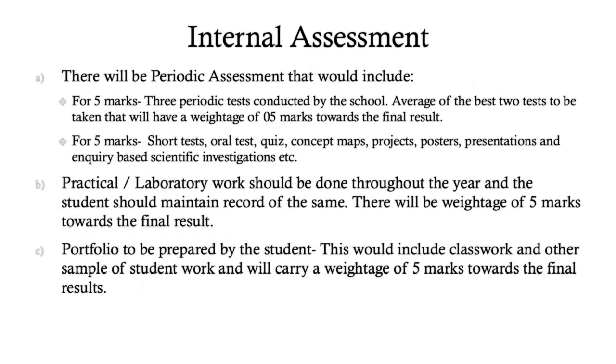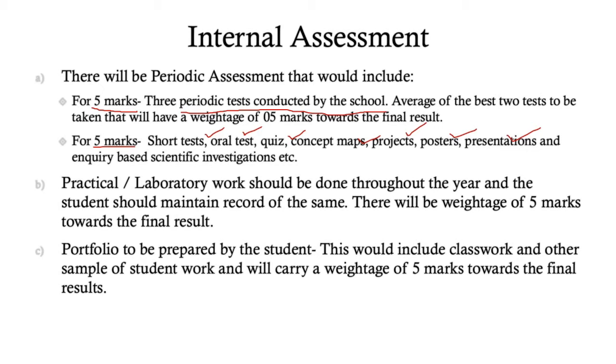Of the first periodic assessment, total 10 marks, 5 marks will be awarded based on the periodic test conducted by the school. You'll be getting the average of the best 2 tests that the school conducts, and it will be converted into 5 marks for the subject. The next 5 marks are based on short tests, oral tests, quizzes, concept maps, projects, posters, presentations, and certain other activities that your teachers will conduct.